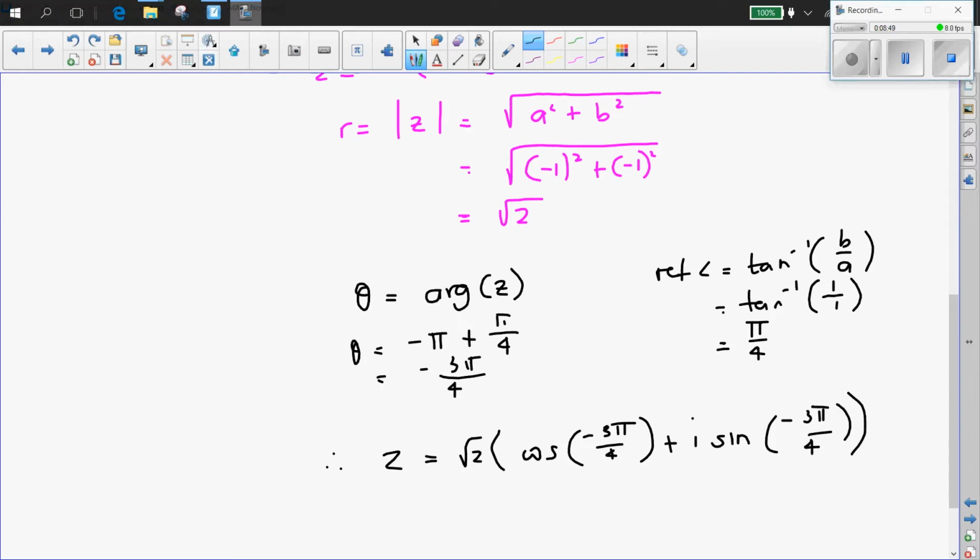In this example, our argument came out to a lovely number, minus 3 pi over 4. But remember, your argument or your angle can be a decimal because we're measuring in radians, and you are allowed to write it in decimal format, rounding off to, say, 3 decimal places.